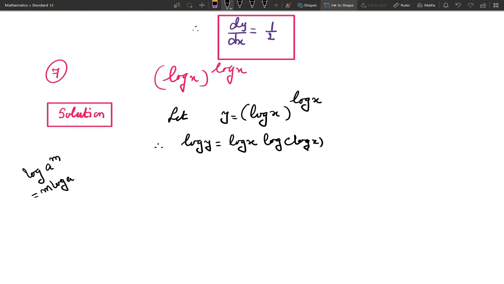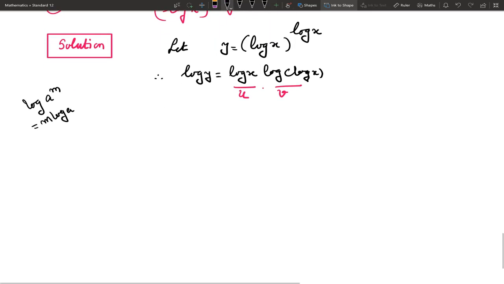Now differentiate both sides with respect to x. When you differentiate the right hand side we have to use the u into v form, the product rule: first into derivative of second plus second into derivative of first.